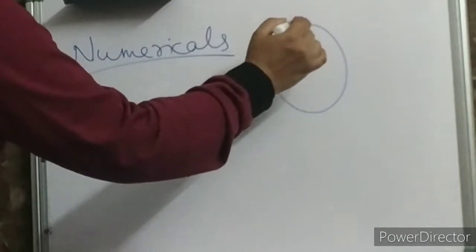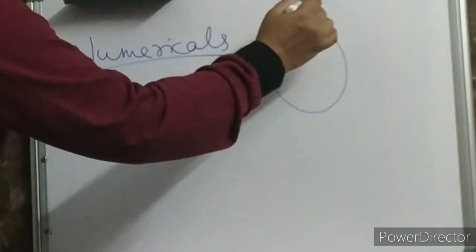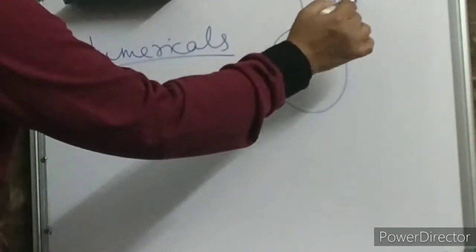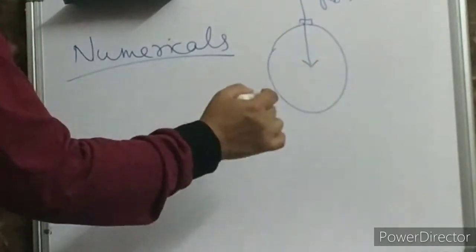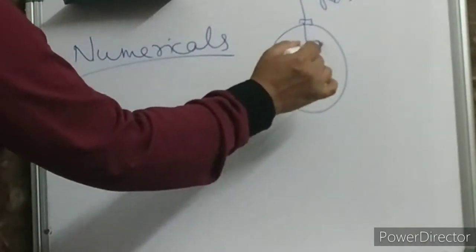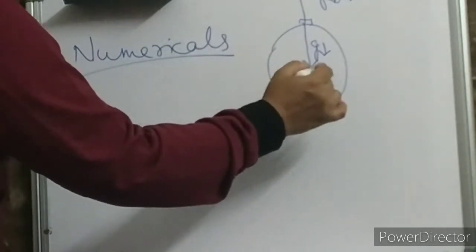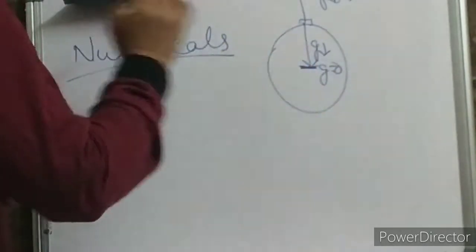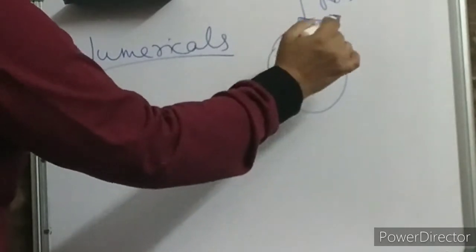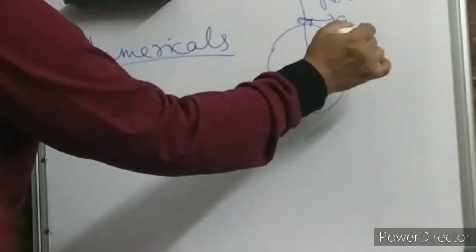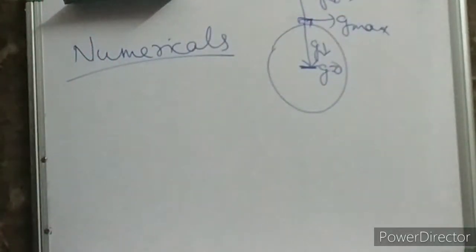Suppose this is your object. When you are going up, g is decreasing. When you are coming inside the Earth also, g is decreasing. At the center, g is equal to 0 and maximum at the surface, children. So g is maximum on the surface of the Earth.